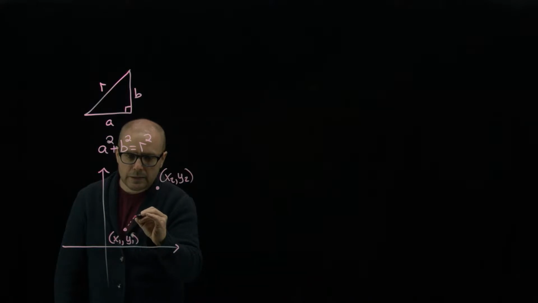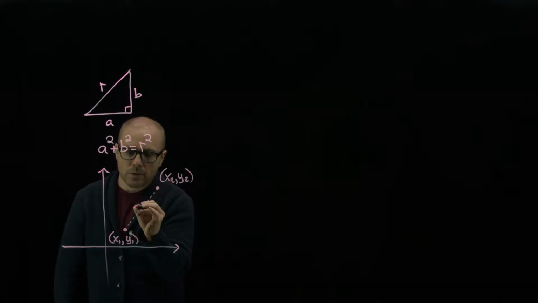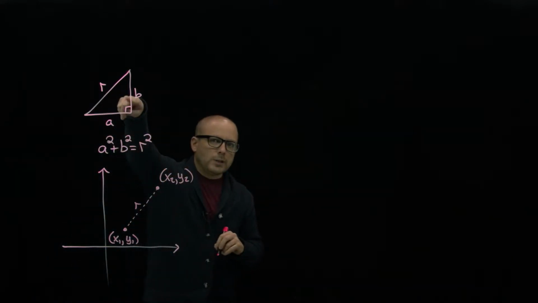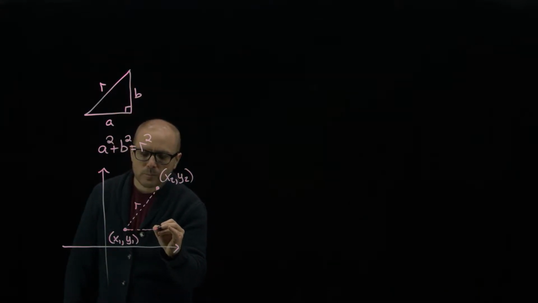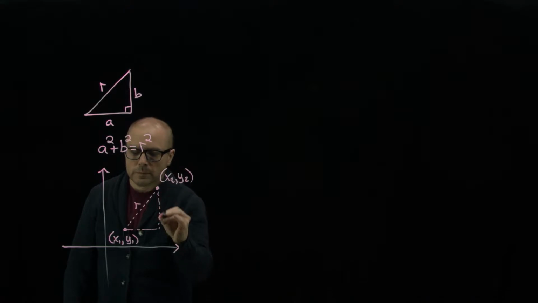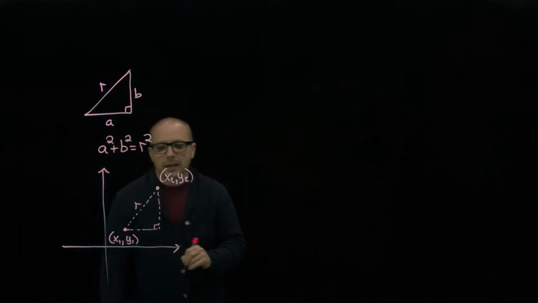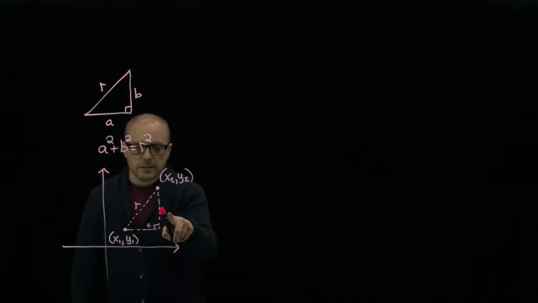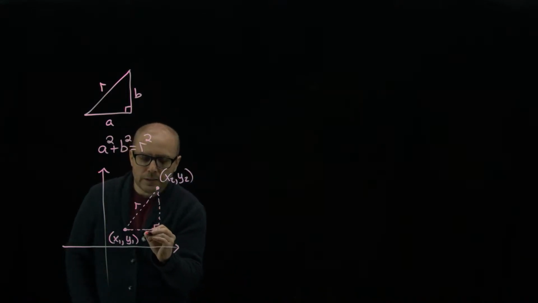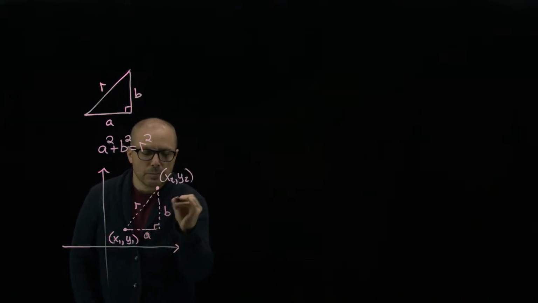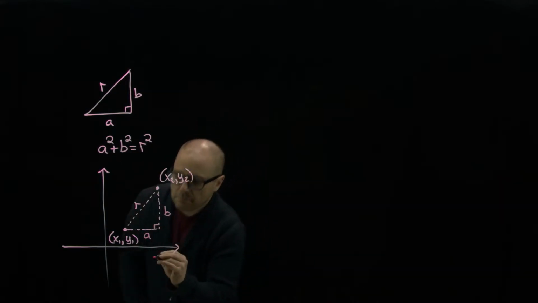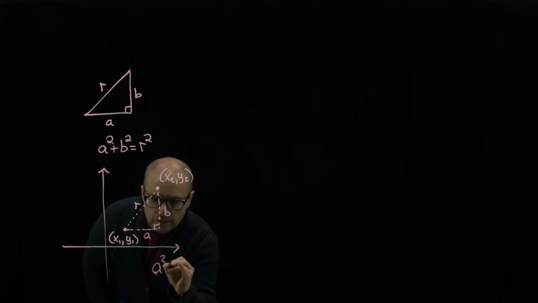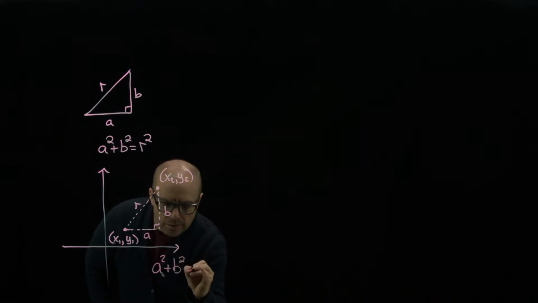Well, this distance here, which I will call r, you can really just think of as the hypotenuse of a right triangle, right? And the 2 sides here, I'll call this a and this b. So from Pythagoras, we know a squared plus b squared is r squared.